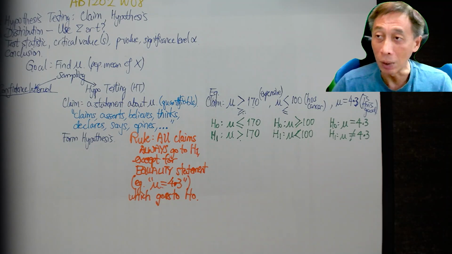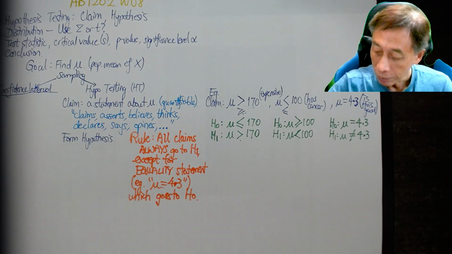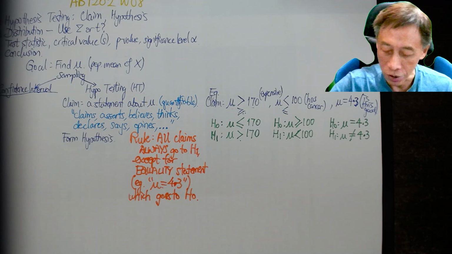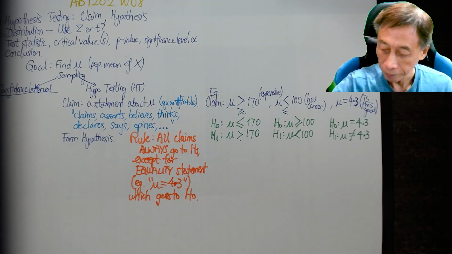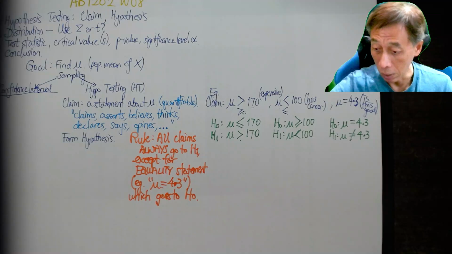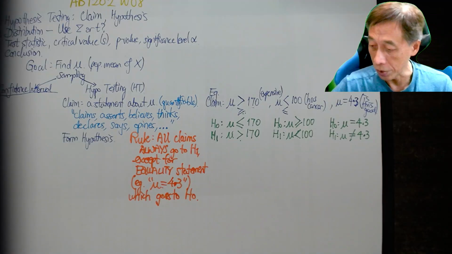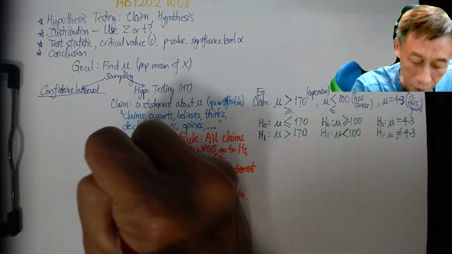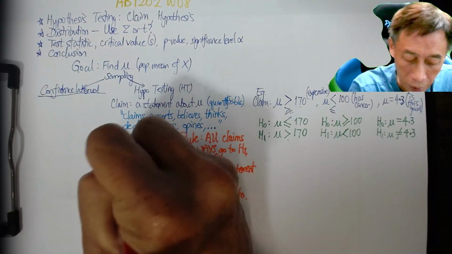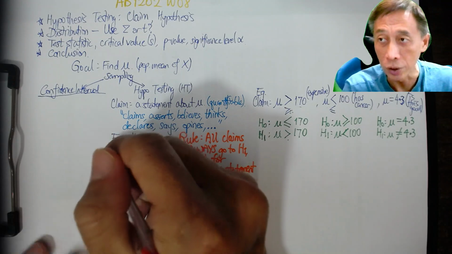So now what happens? Well, what is our attitude when we perform hypothesis testing? What is our disposition? How do we treat our hypothesis? So here's the kind of posture that we take, right?